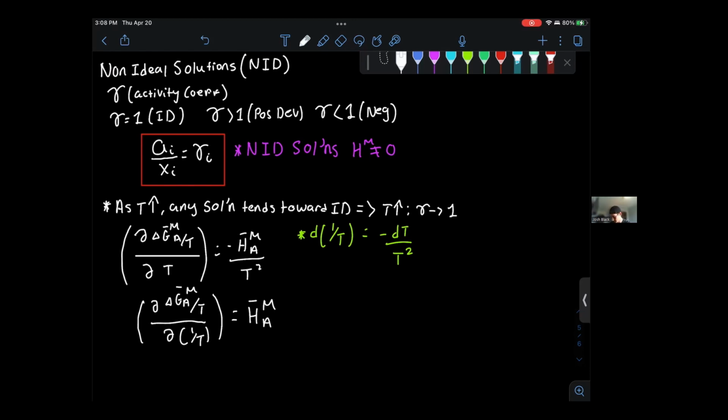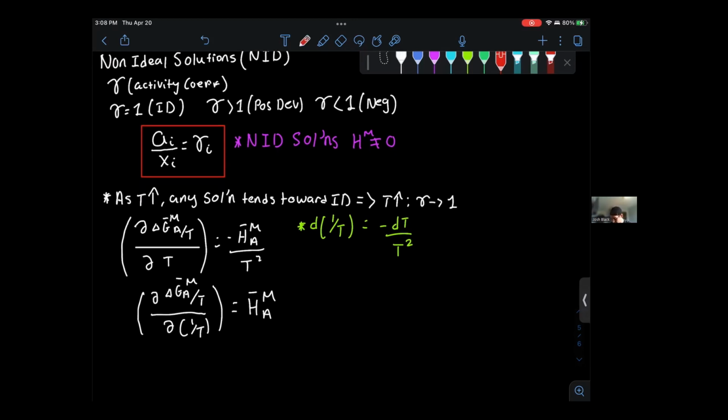Now let's get down to things. In non-ideal solutions, our molar Gibbs free energy of mixing is equal to RT ln of the activity of A. Now, what's the activity of A? The activity of A is equal to our activity coefficient multiplied by our mole fraction.